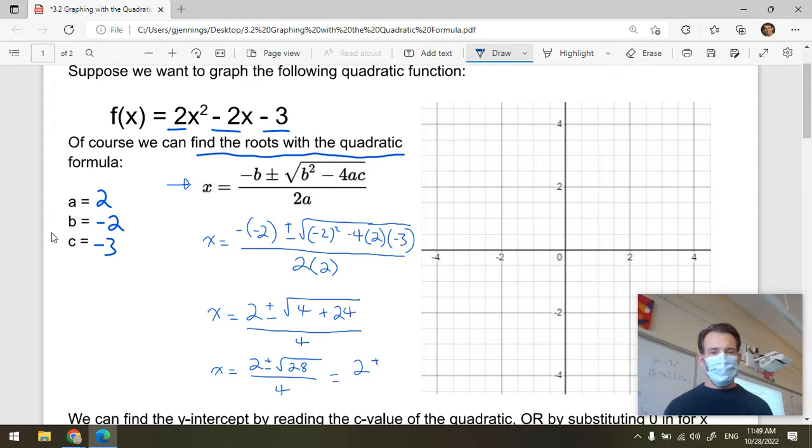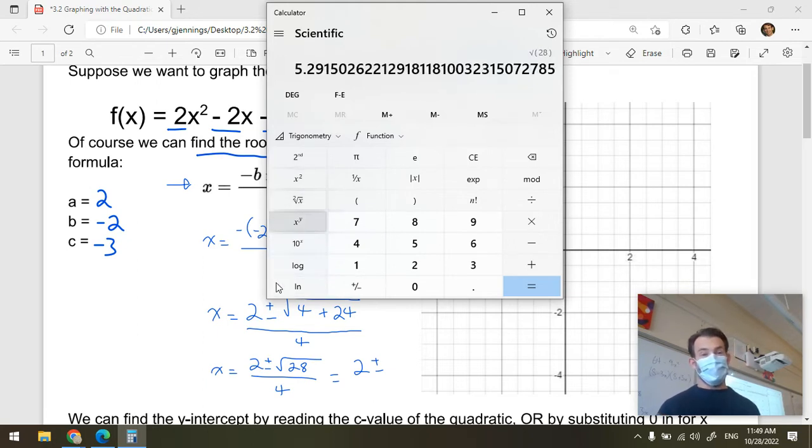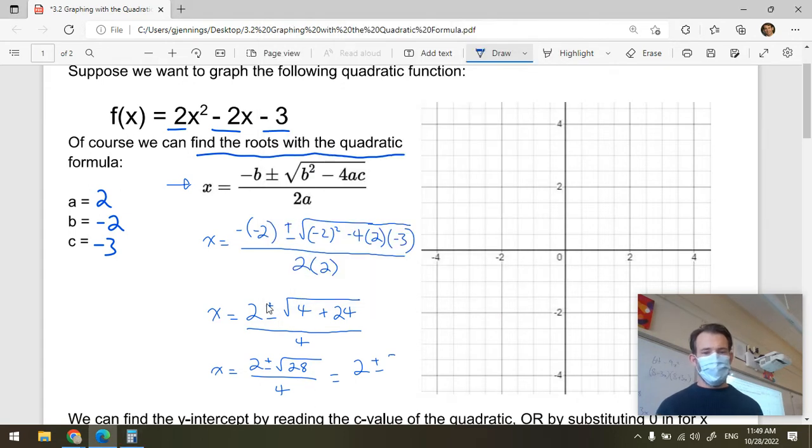For our purposes, a decimal expansion of the square root of 28 is just fine, so go ahead and get your calculator. You don't need to know the square root of 28 by heart, but I do know that this number is going to be really close to 5, a little bit bigger than 5, but not quite close to 6. I guessed it's going to be like 5.17 or something like that. It's 5.3, okay, I was pretty wrong. 5.3 with lots of decimal places, over 4.